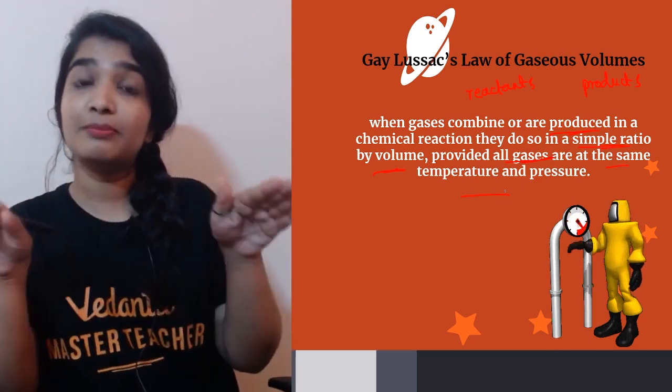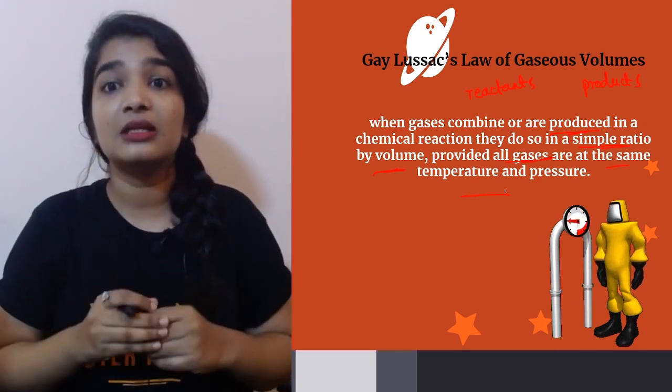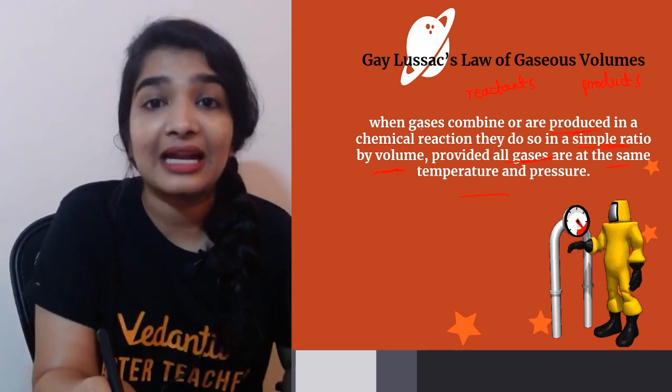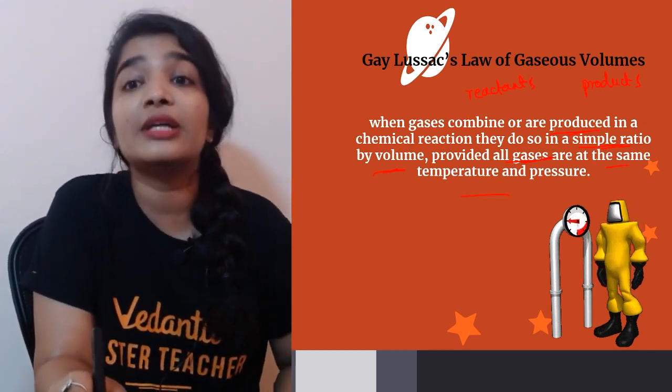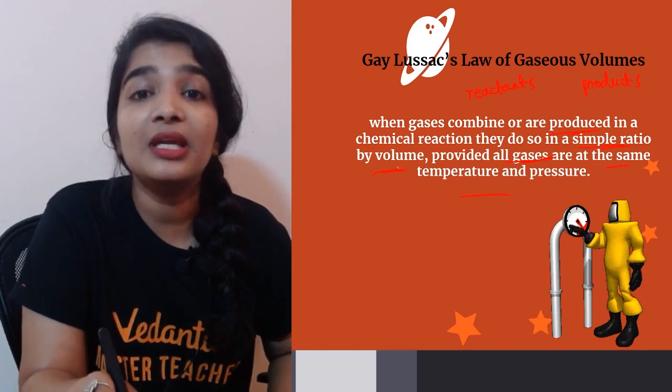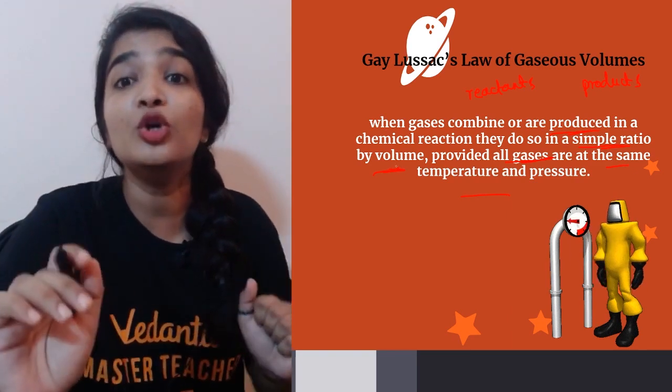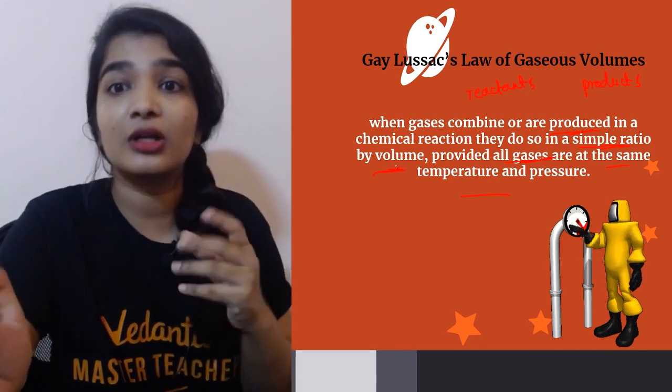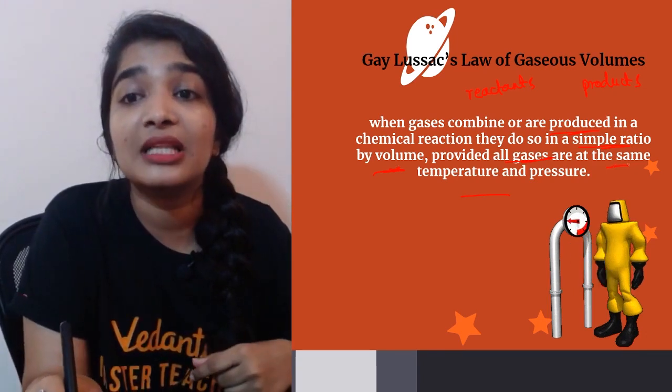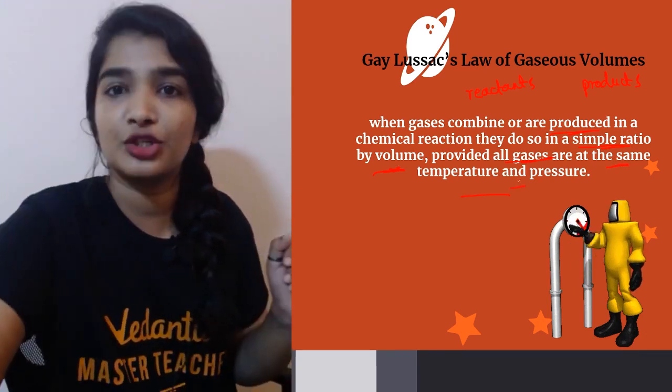There the simple ratio was by mass. Here the gaseous reactants or the gaseous products will be in a simple ratio by volume, but the important condition is they have to be at the same temperature and pressure.